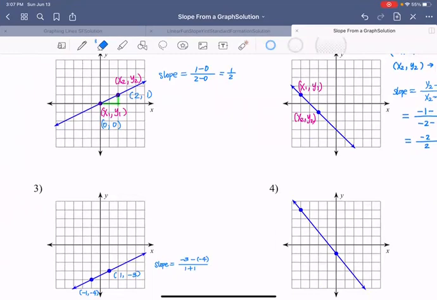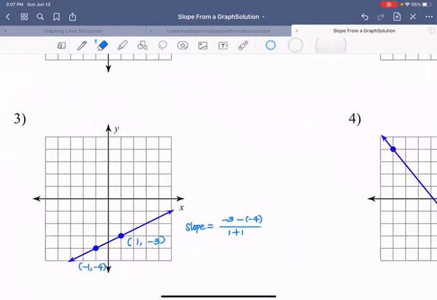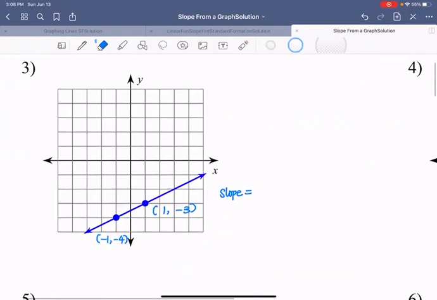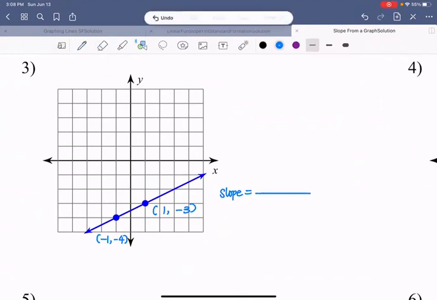Leslie, can you tell me how do we find the slope for number 3? If I want to use the formula, what do I do? -3 minus -4. That's right.